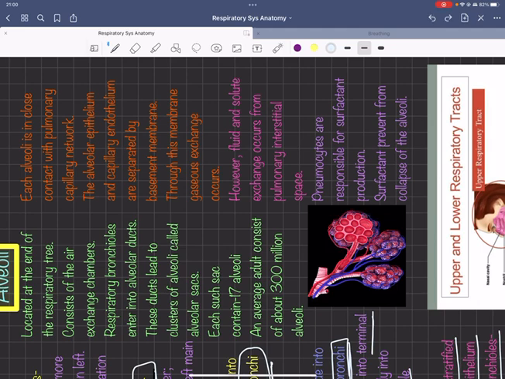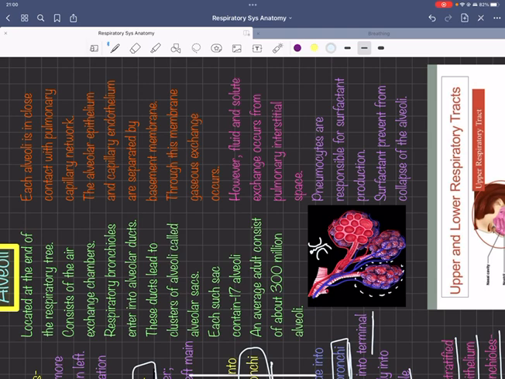So we can see here that the alveoli are very closely connected. Especially we can see how closely connected they are to the capillary endothelium, and it is only separated from the alveolar epithelium and capillary endothelium by a basement membrane. So if this is an alveolar membrane and this is a capillary endothelium, then there is a very fine membrane in between them.